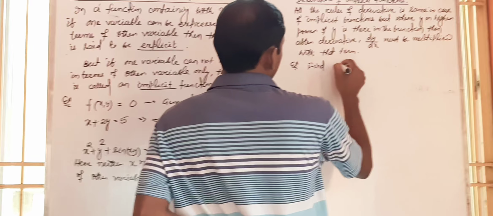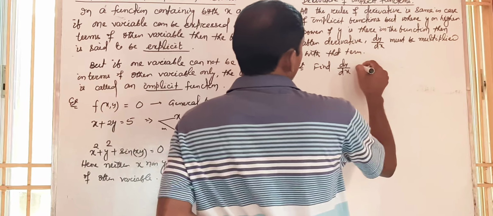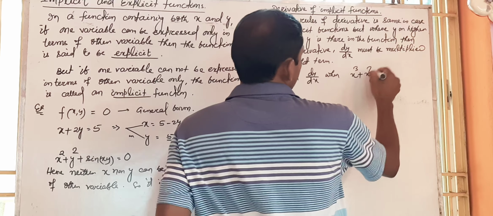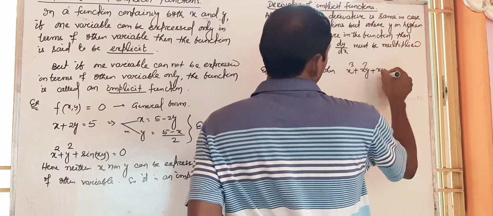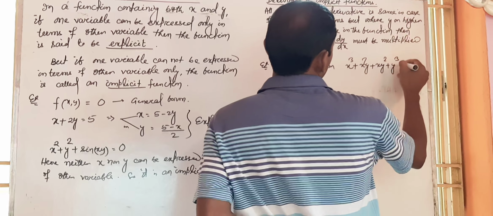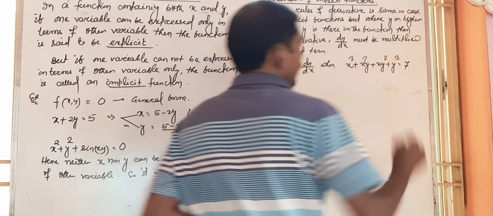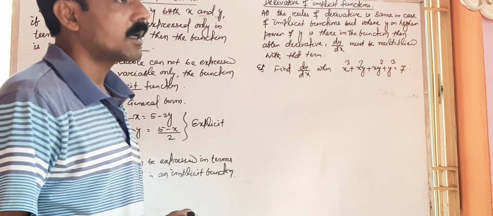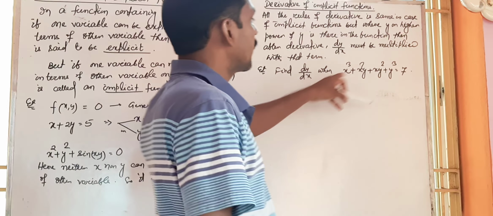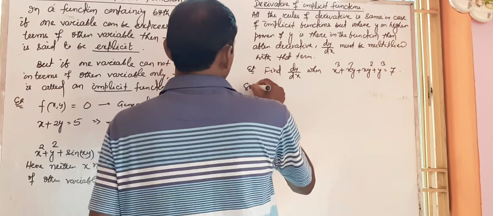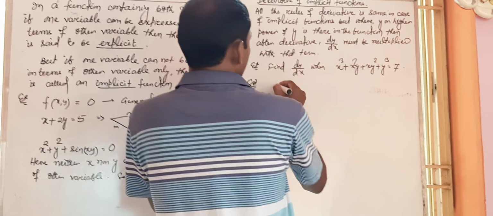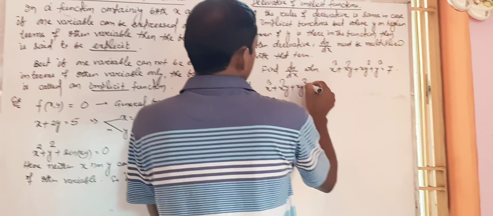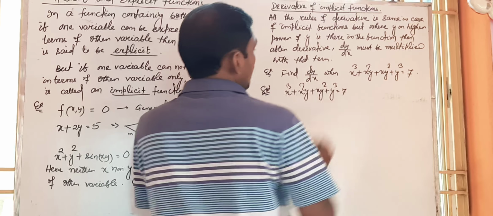the question is, suppose, find dy by dx when x cube plus x square y plus x y square plus y cube is equal to 7. This is the function, and you have to find dy by dx from this. So the implicit function derivative will come like this. The solution will be like this. x cube plus x square y plus x y square plus y cube equal to 7.